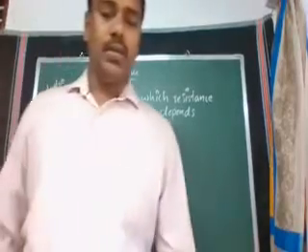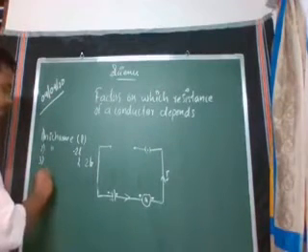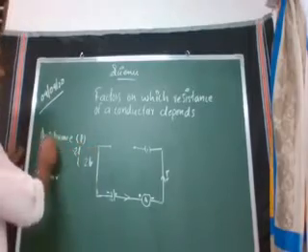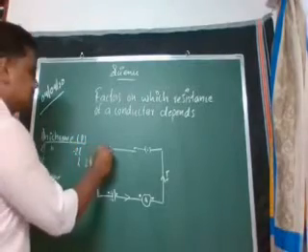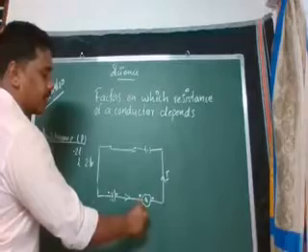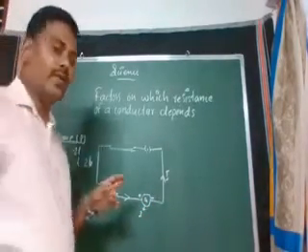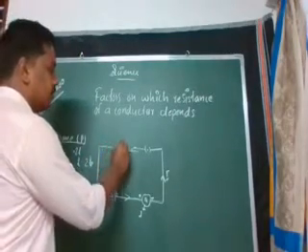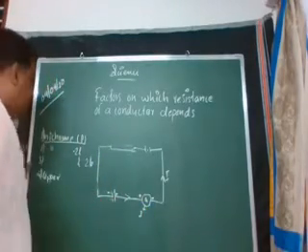Then finally one copper wire, and we are going to place them one by one in this empty area. First we place this one over here and check the current I in the ammeter.